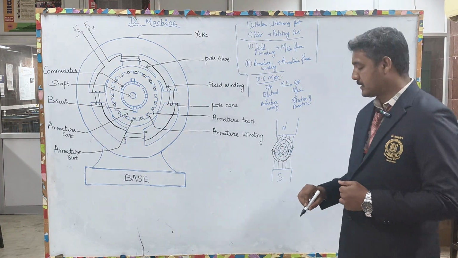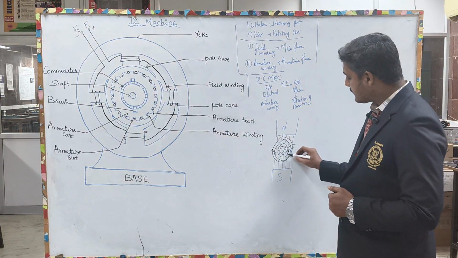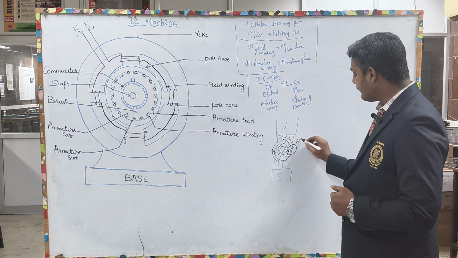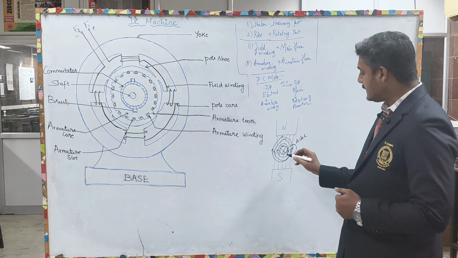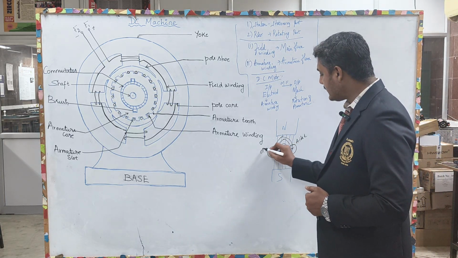Here you can see that this part of the flux is aiding, and this part of the flux is opposing each other.